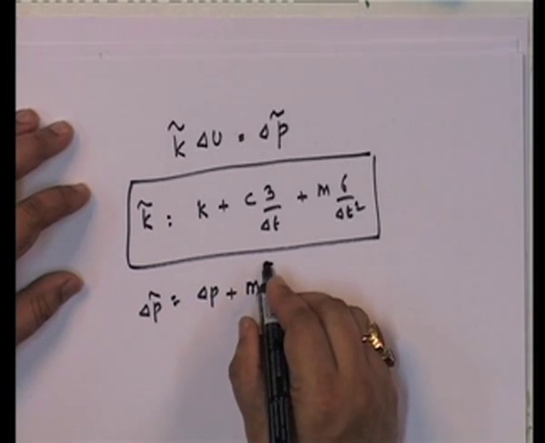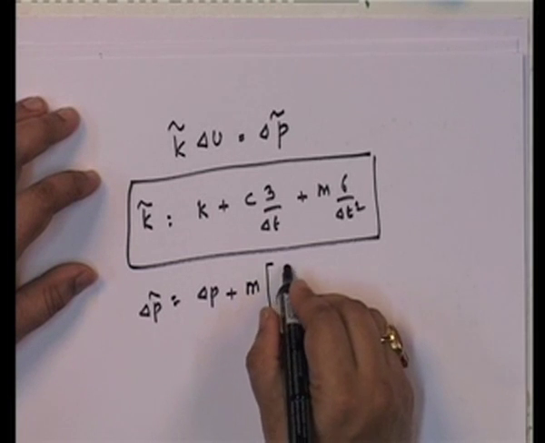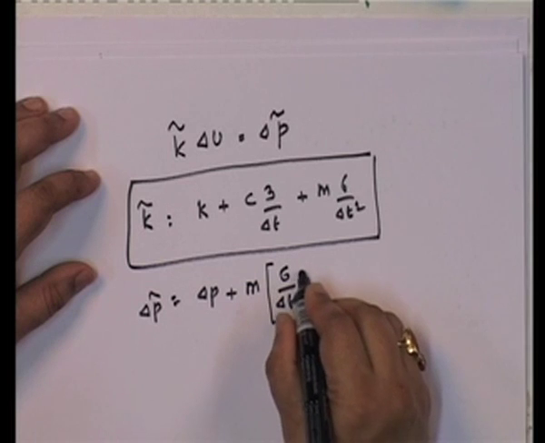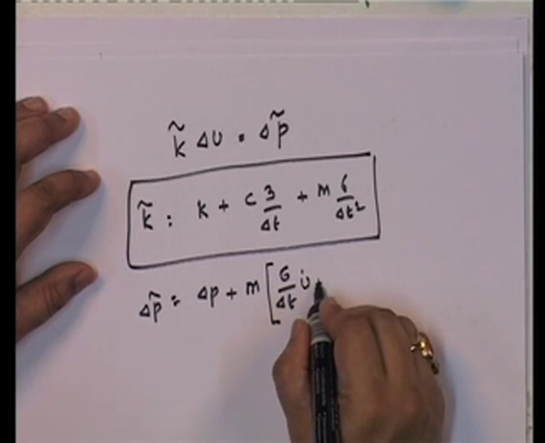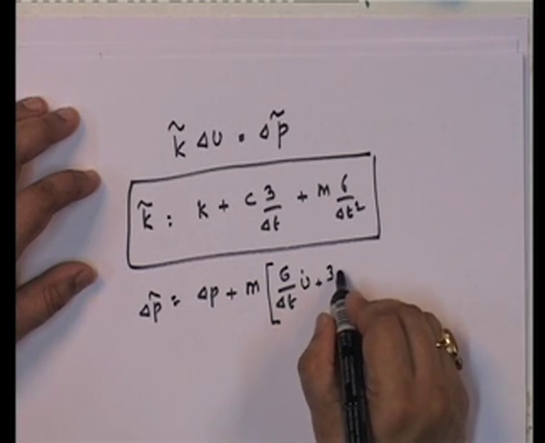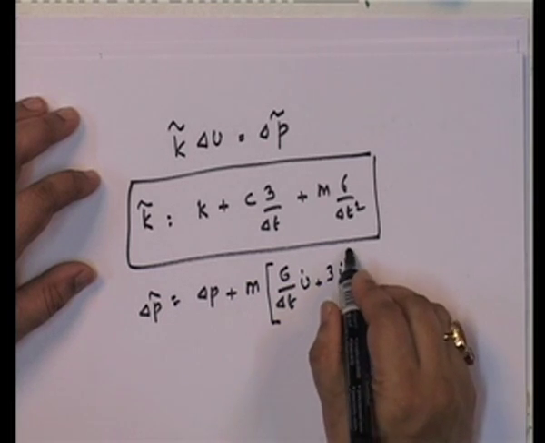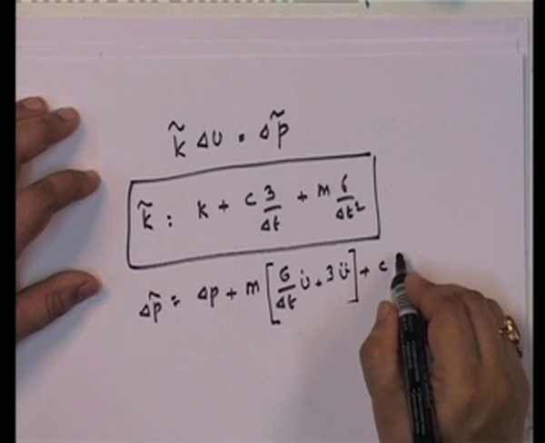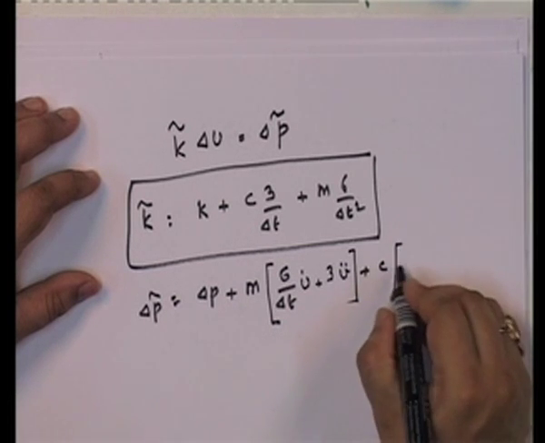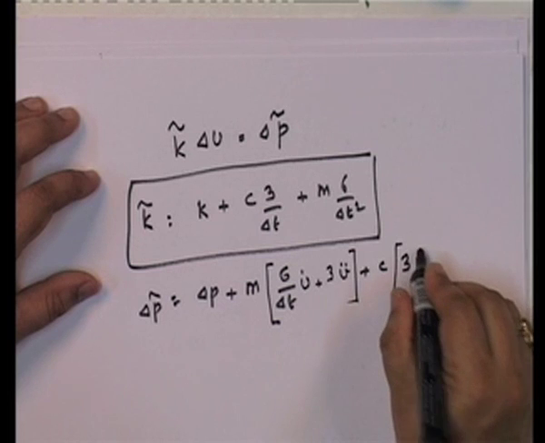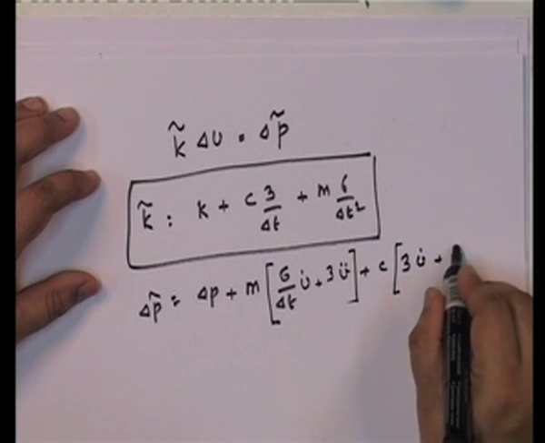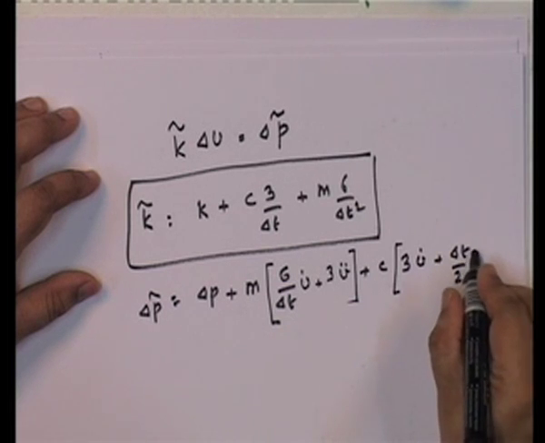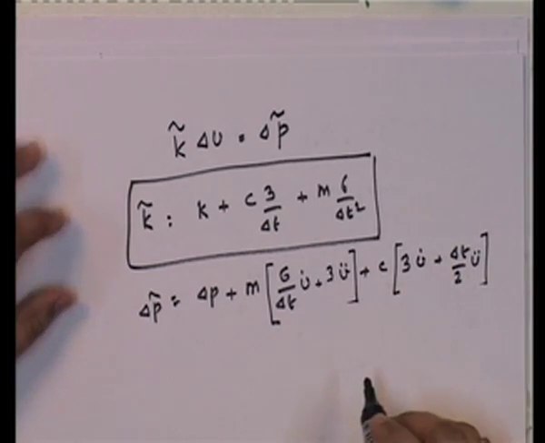now I am going to put down all the terms which are known: m into 6 upon delta t v dot plus 3 into v double dot, plus c into 3 v dot plus delta t by 2 into v double dot.